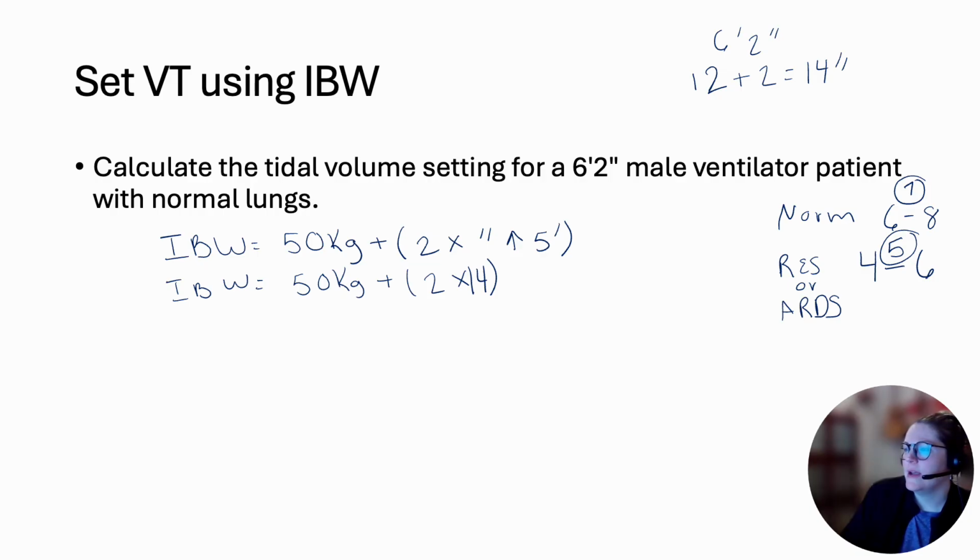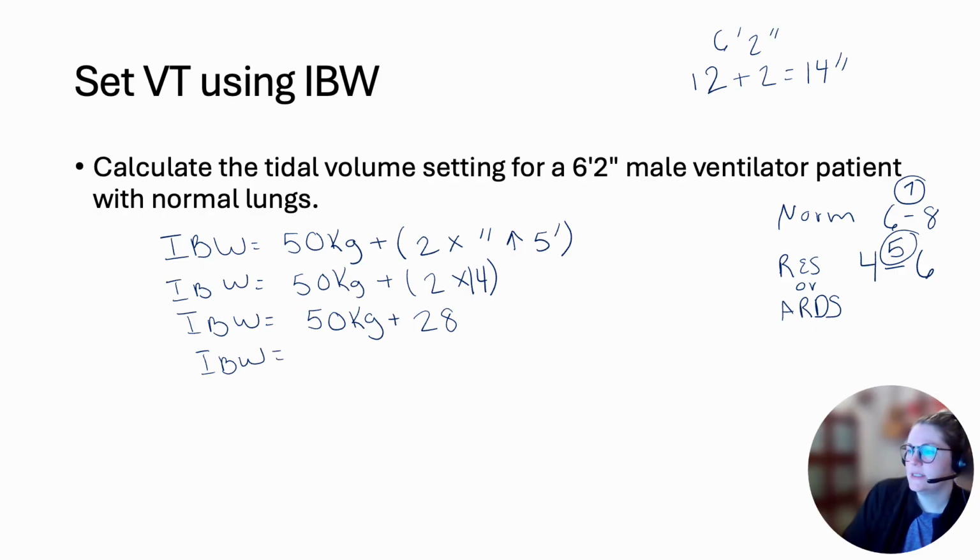So 50 kilograms plus 2 times 14. So that comes to 50 plus 28. This patient's ideal body weight, and this is in kilograms, is 78 kilograms.